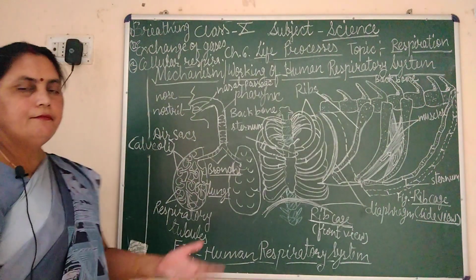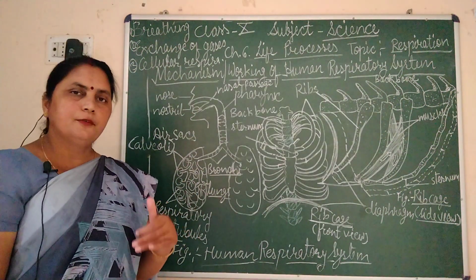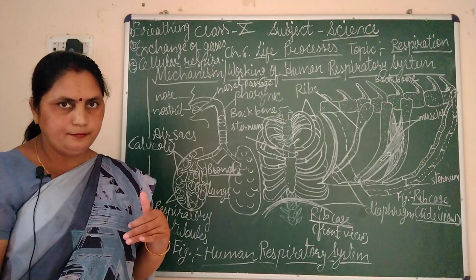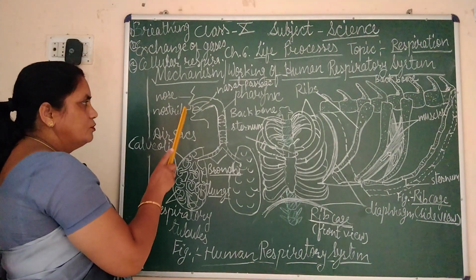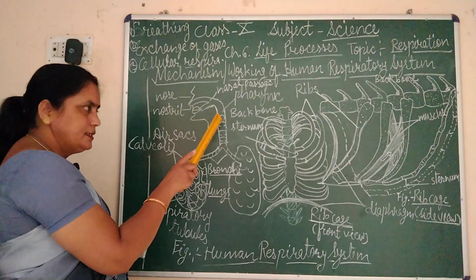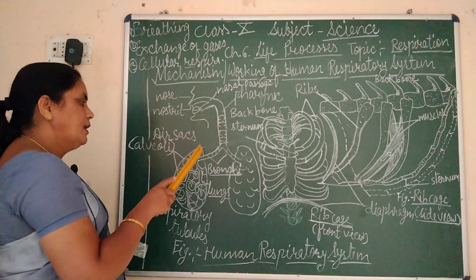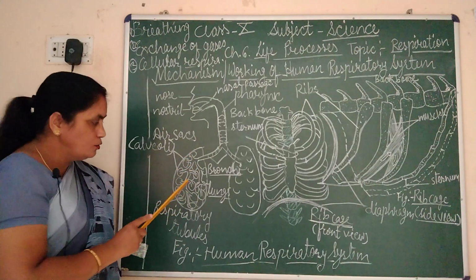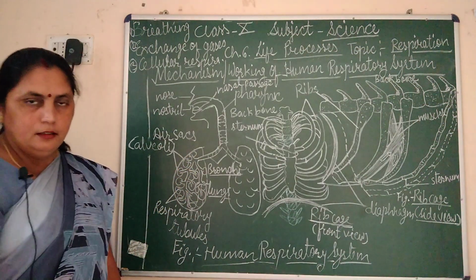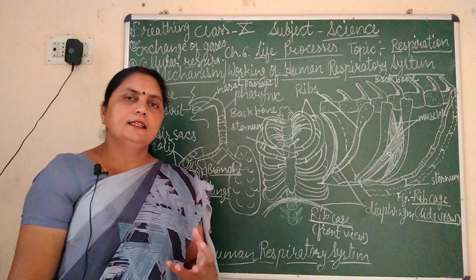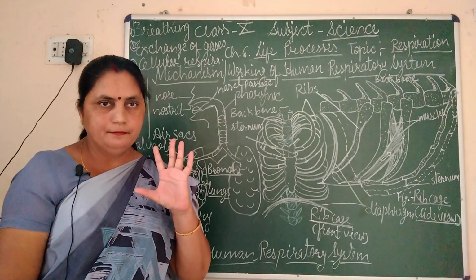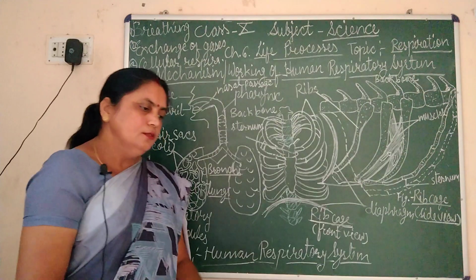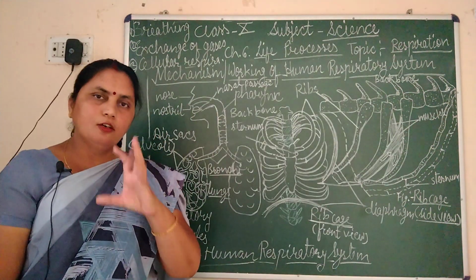See children, when we breathe in, this process is called inspiration. Air enters from the nose, passes through the nasal passage, then goes to the trachea, bronchi, and finally reaches the air sacs. Inside the air sacs, this air is fully filled. Now this air contains oxygen.